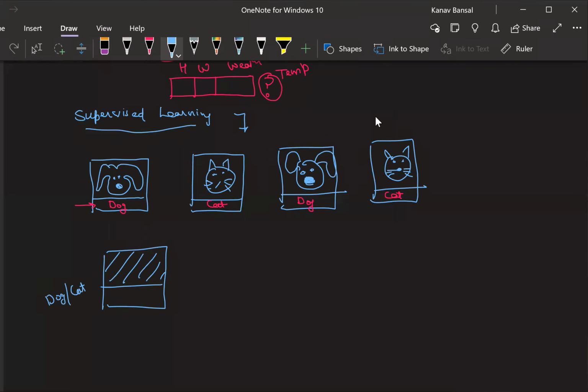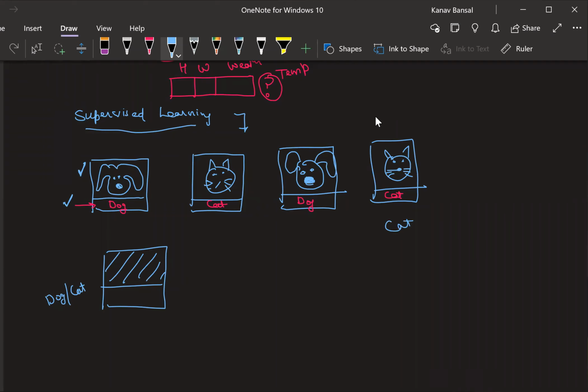What kind of problem do you see? Is it supervised or unsupervised? It is supervised, first of all, because along with the information, you are also given the label that you need to predict in the future. And the label given to you is nothing but categorical.